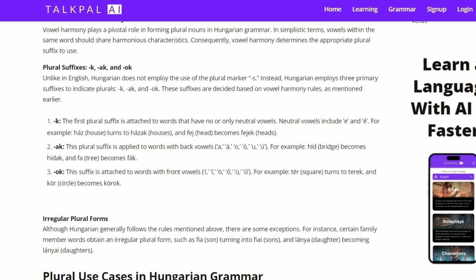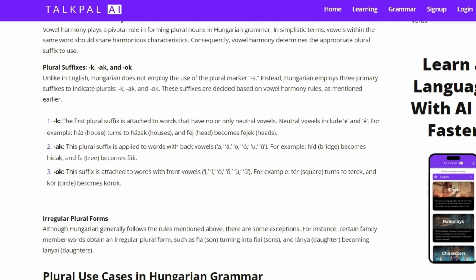It says that the ak suffix is used for pluralizing nouns with back vowels such as o, a, o, u, and u, right? So why does híd become hidak? Híd has a front vowel in it and not a back vowel, right? Simply because the rule is not correctly explained here.